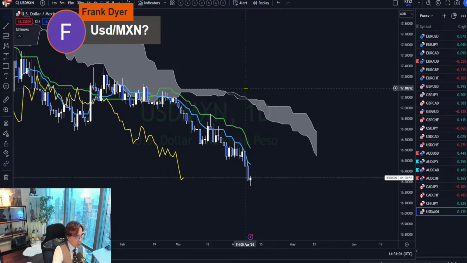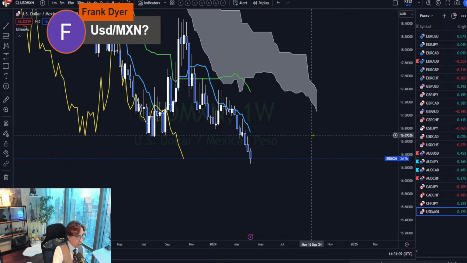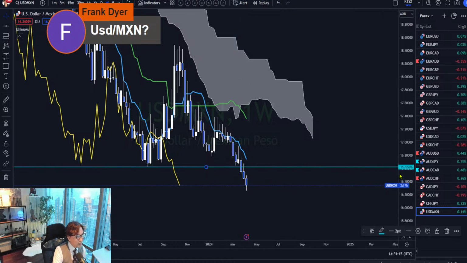Before I check the daily, I want to check the weekly time frame. And I can see that the weekly is also bearish. It broke the support level of 16.6228 2 weeks ago, so it's bearish.